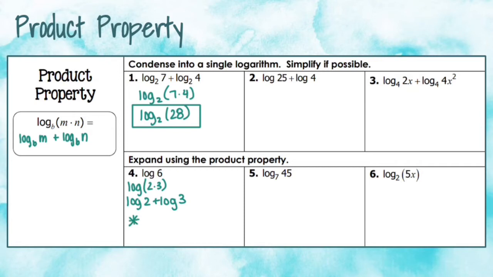However, you can have different answers. Answers may vary on this one, because you could also have log of 1 plus log of 6. That would be another option for that one. So go ahead and finish numbers 1 through 6 before you move on.